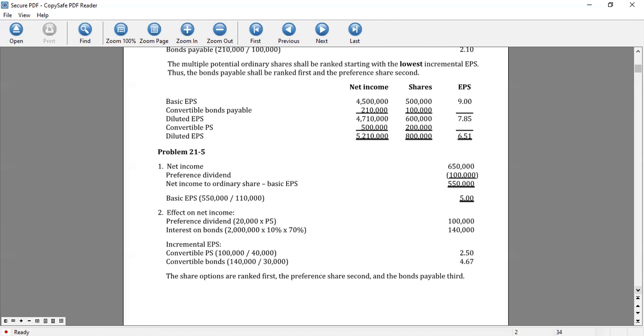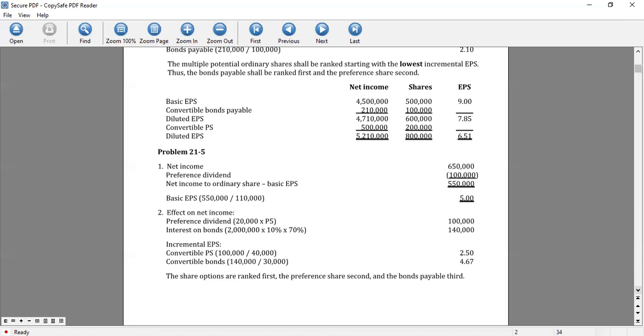Then we have the convertible preferred stock. They end up at 2.50, while for the convertible bonds, the incremental EPS is 4.67.